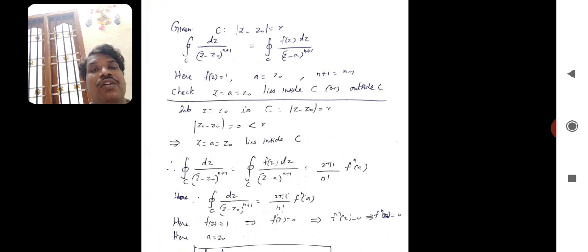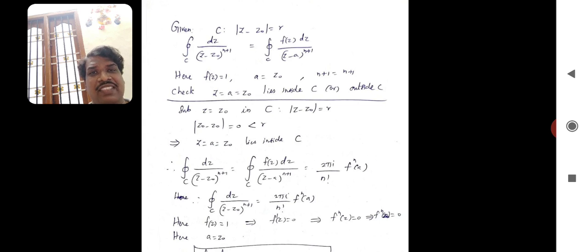So therefore by Cauchy's integral formula for derivative, the answer for the given integration equals 2 pi i by n factorial into f nth derivative at the point z equals a. Now it remains to find the nth derivative of the function f, and we know that the given function f is 1. It is a constant function. So when I differentiate for the first time itself, the answer is 0.